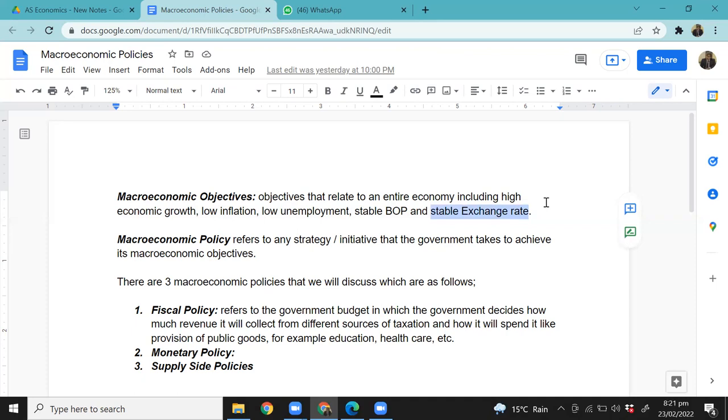Okay. Now, to achieve these objectives, there are three policies, which are called macroeconomic policies, available to a country. So the first one is called fiscal policy, then monetary policy, and the third one is called supply side policies, right? Now, what is fiscal policy, students?